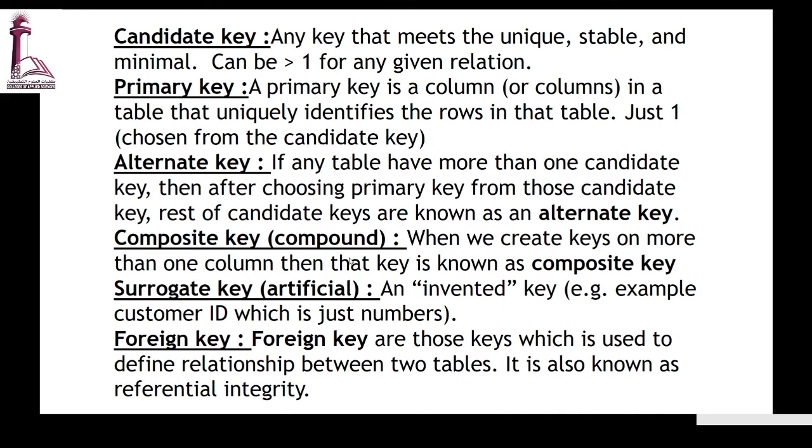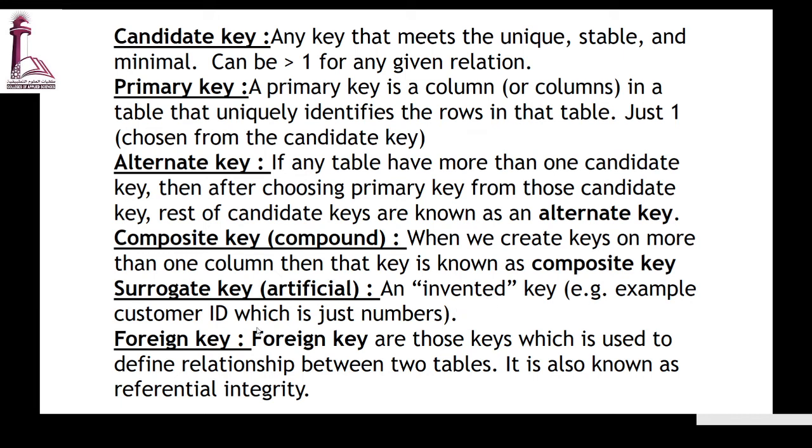And then composite key or compound key, also called composite primary key. The definition of composite primary key is when we create a key on more than one column, that particular key is known as a composite key or composite primary key. And then surrogate key. It is an artificial key. It is an invented key.